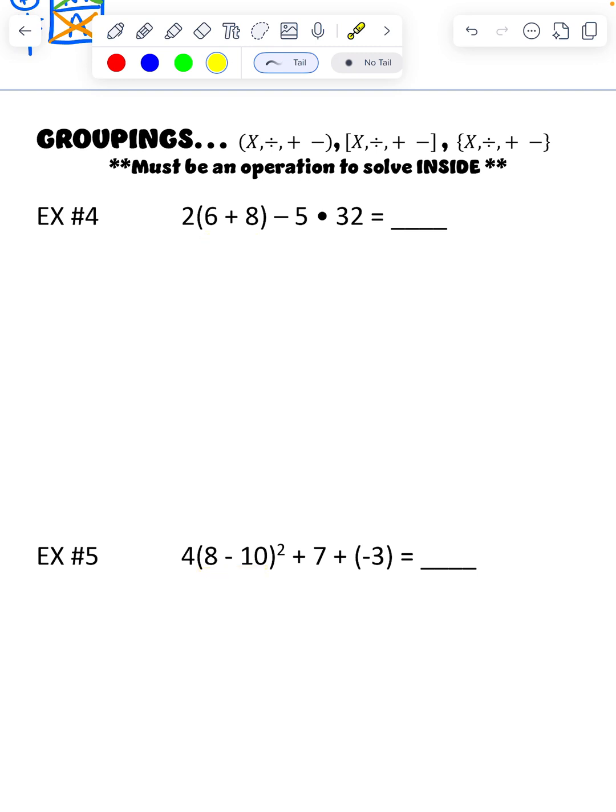And again, we need our GEMA tower because I have lots of operations in one problem. Anytime you have lots of operations in one problem, we need our GEMA tower.